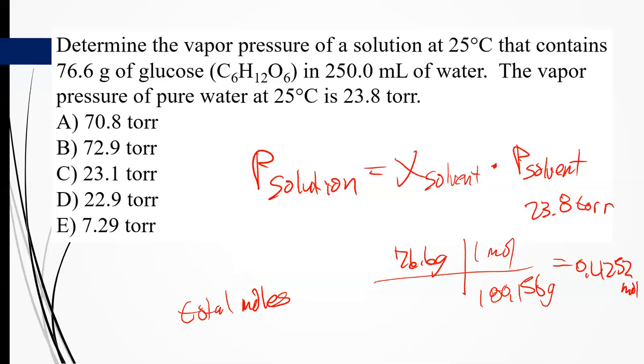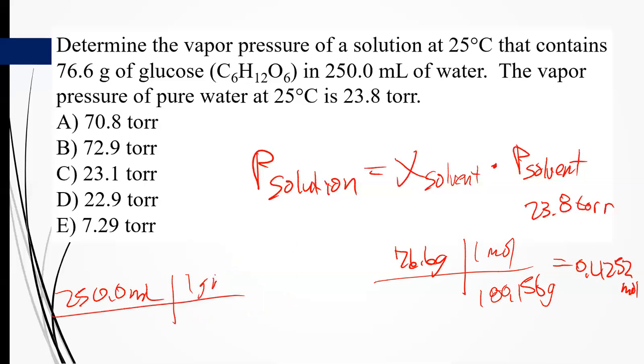Now we want to add to that the moles of our water. We have 250.0 milliliters of water. There's 1 gram of water for every 1 milliliter.